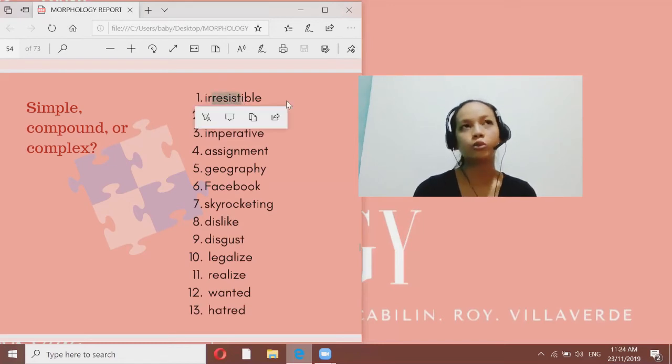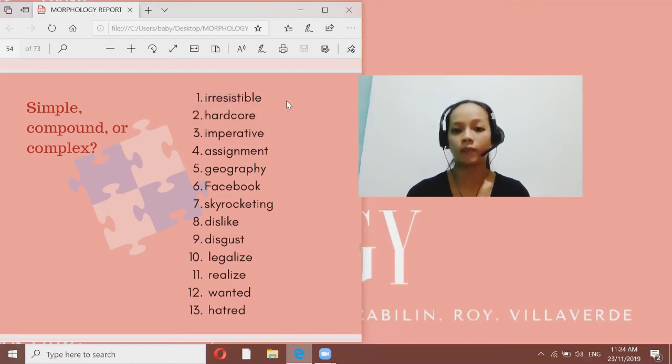So there are two bound morphemes in this word, making it a complex word. Next is hardcore. We have two words here that are joined together without the use of a bound morpheme. So this is a compound word.